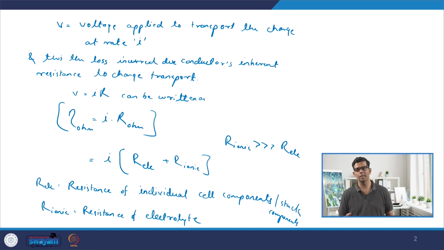Among these two, the ionic resistance of the electrolyte is far more than the individual electrical resistances and their sums, because the main constraint is from the proton transfer.